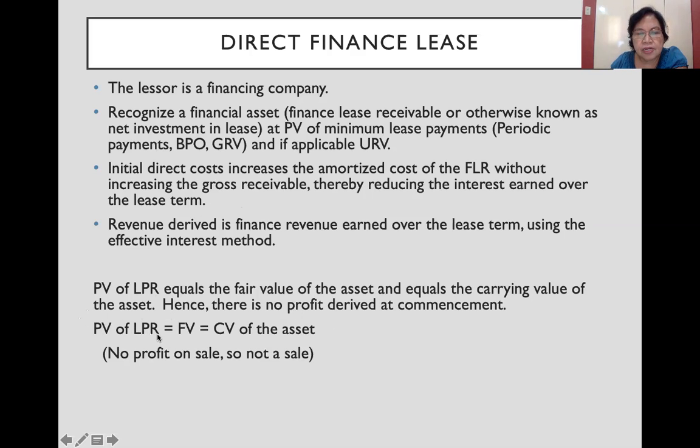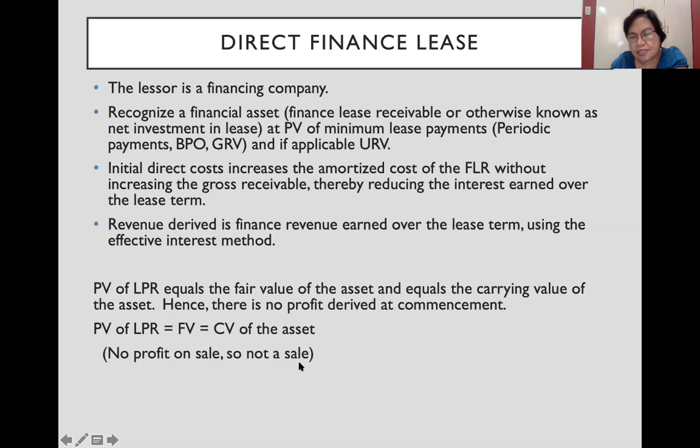If the present value of the lease payment receivable, which is actually the net investment in lease, equals the fair value of the asset, which in effect is the selling price, and the selling price is equal to the carrying value of the asset, then there is no profit on the transaction. Therefore, the lease contract is not a sale.